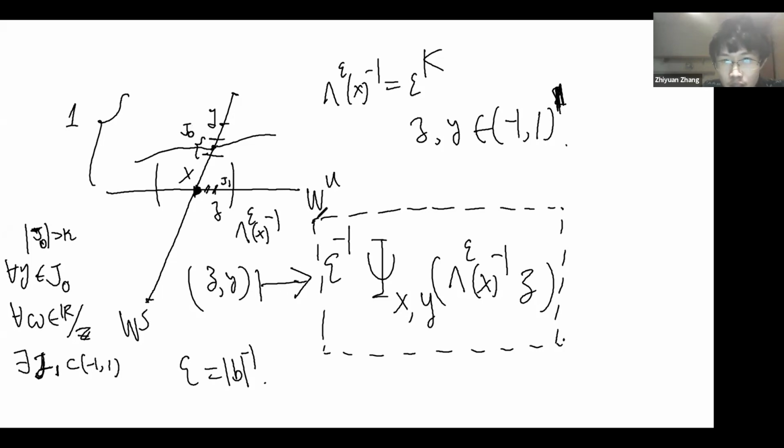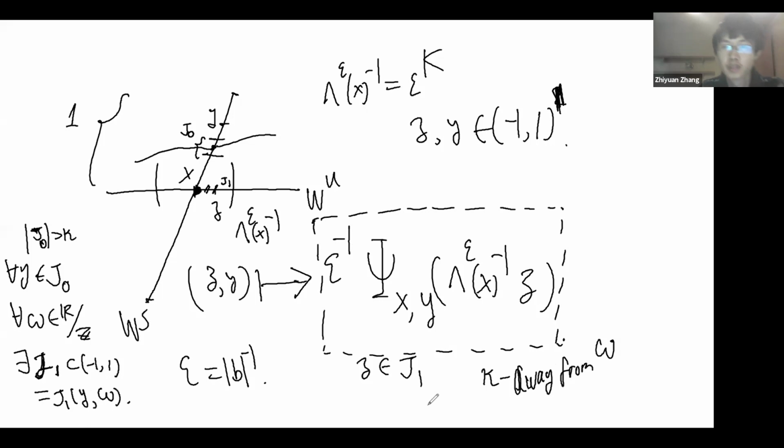So if you look at this function restricted to y, at z inside of this interval, then this function is a kappa away from this omega. Do I make myself clear? So for each x, you can find a small interval of definite size on the stable manifold.